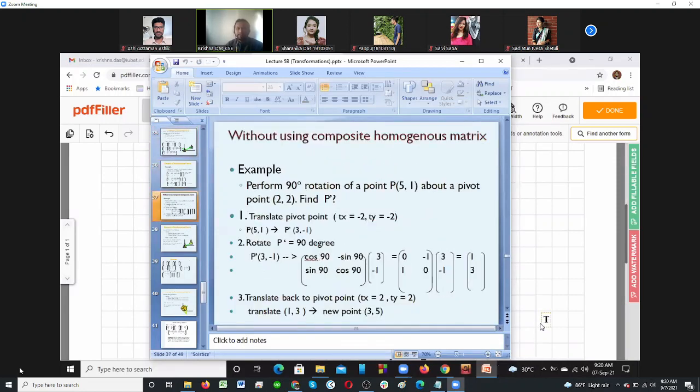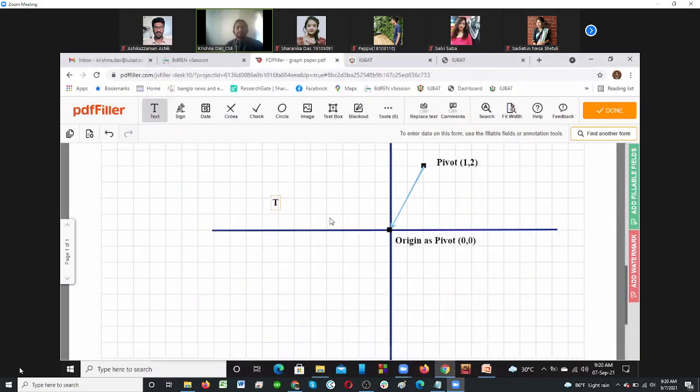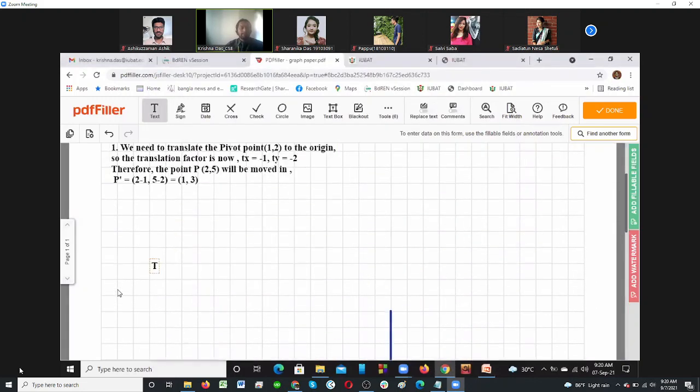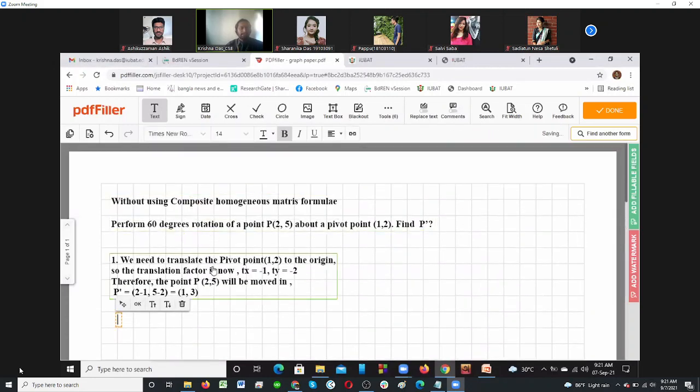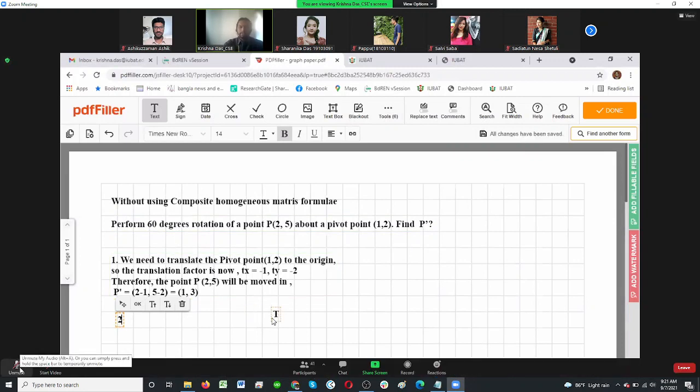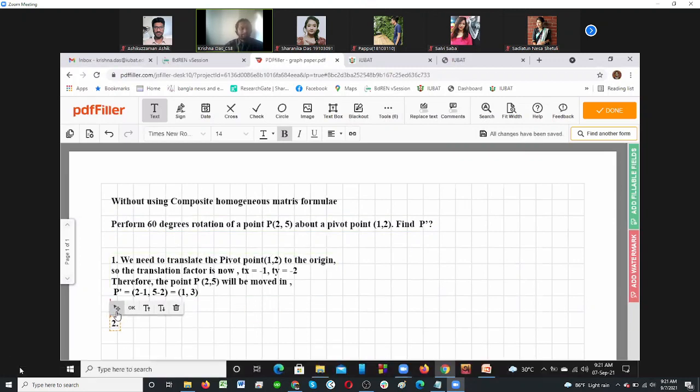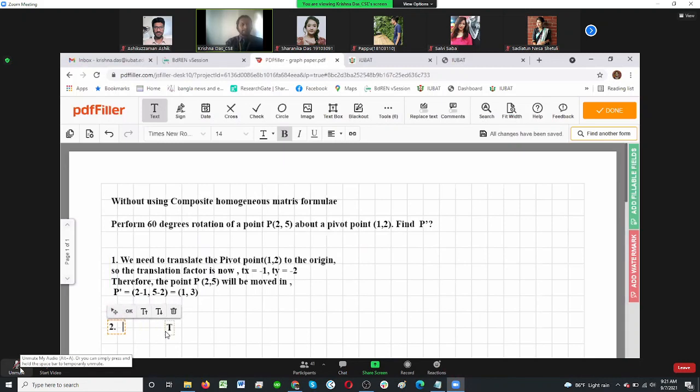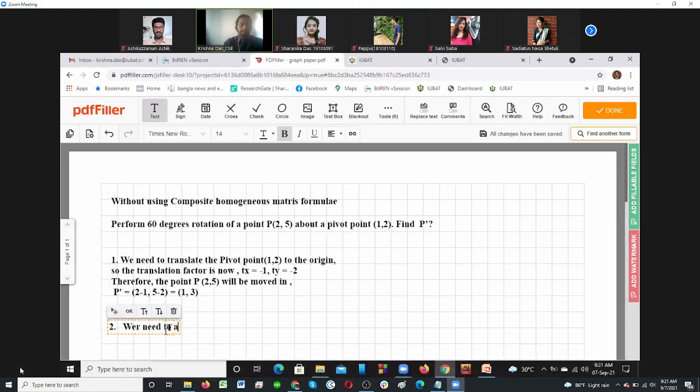So the second activity will be to rotate according to the given degree, that is 60°. So in step 2 we need to apply the rotation function on the point. Which point? P prime, right? Which is now 1, 3.